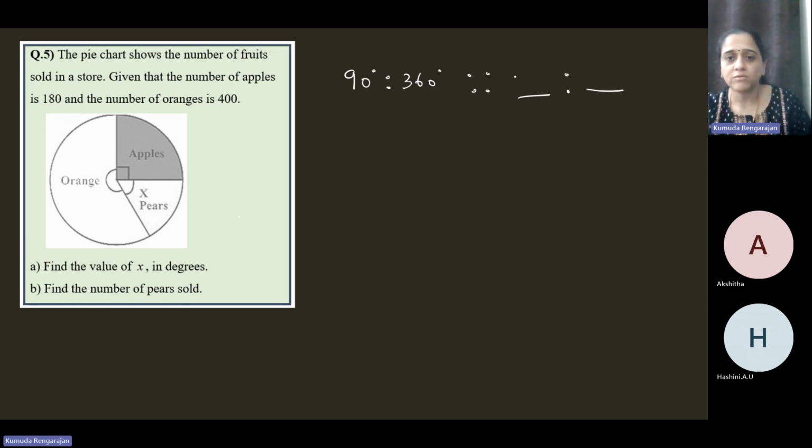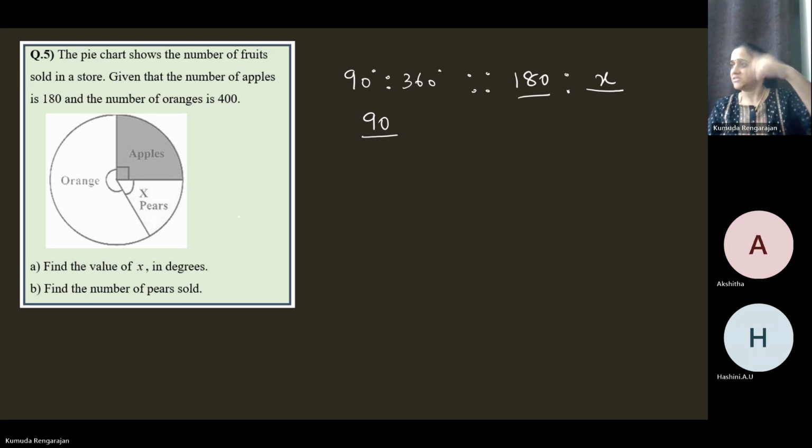How many apples? 180. 360 degrees is the total central angle. So here you will get the total of all the fruits. This X represents the number of apples plus the number of oranges plus the number of pears. You can even call it A.